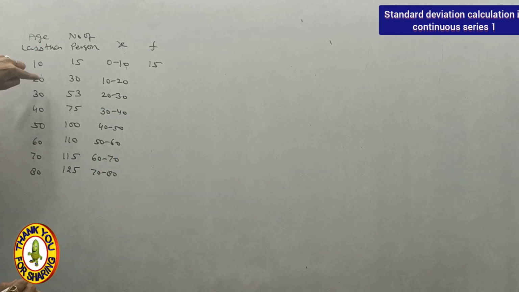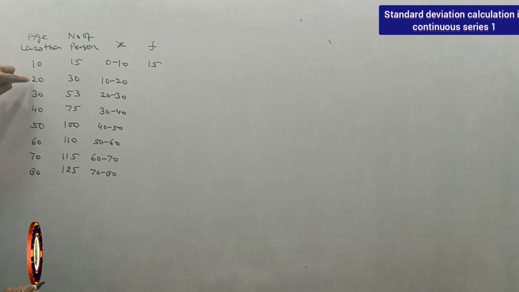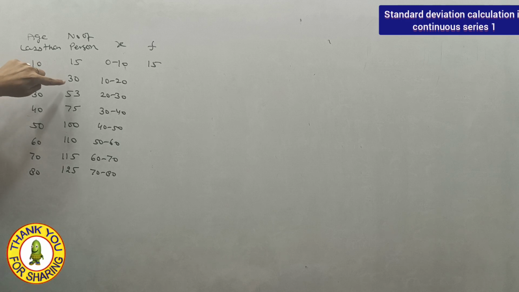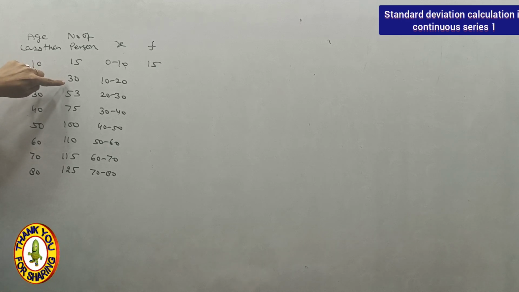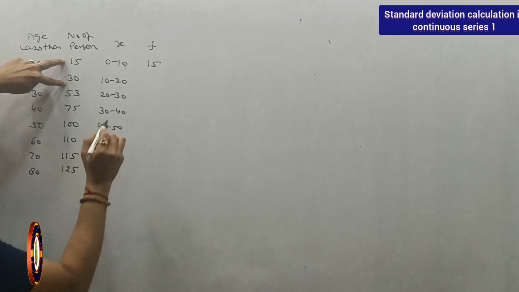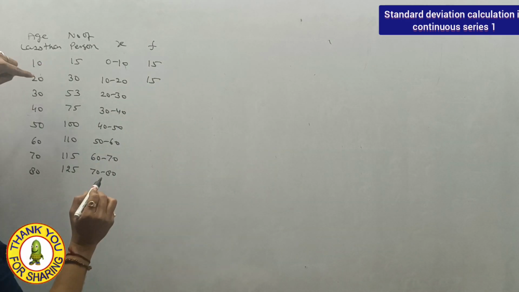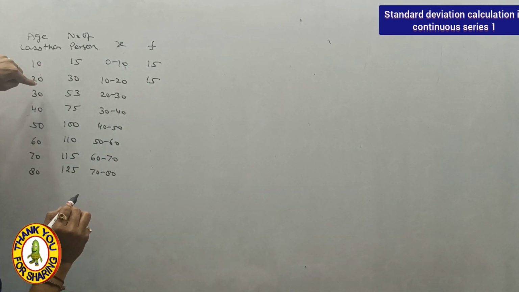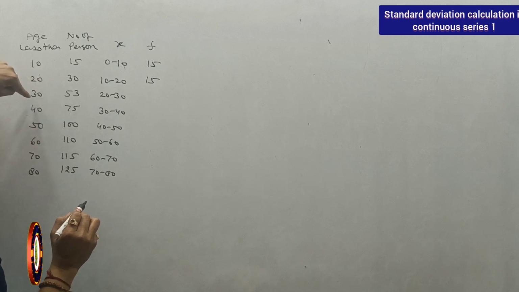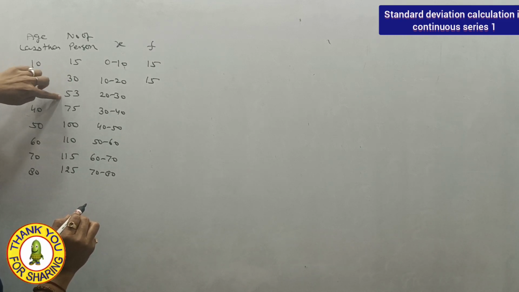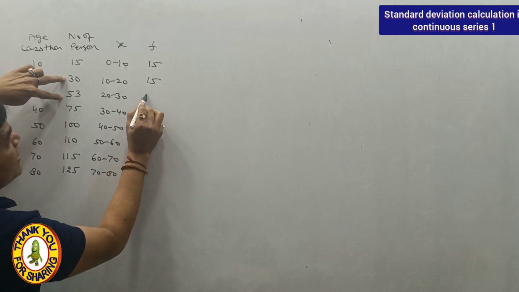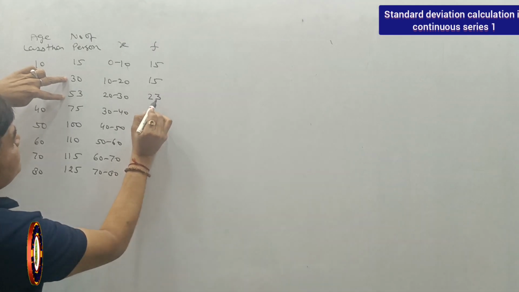Less than 20 is 30, but less than 10 is also included, so from 10 to 20 we have 30 minus 15, that is 15. Similarly, less than 30, less than 20 is also included, so from 20 to 30, 53 minus 30, that is 23.